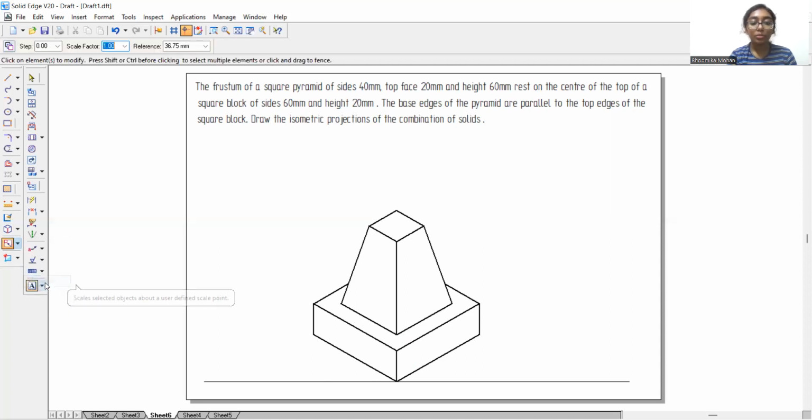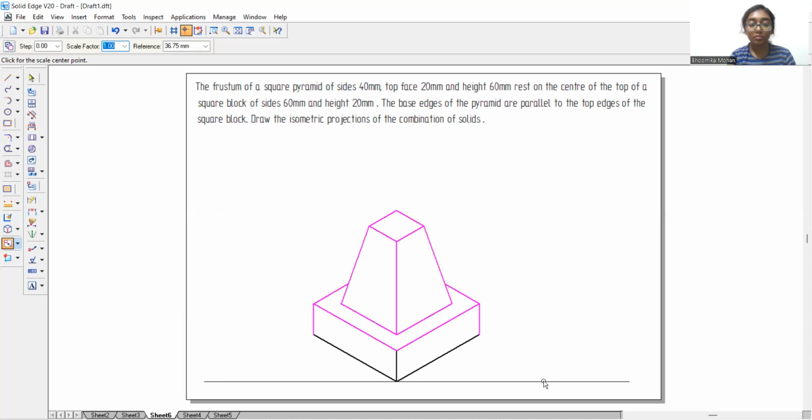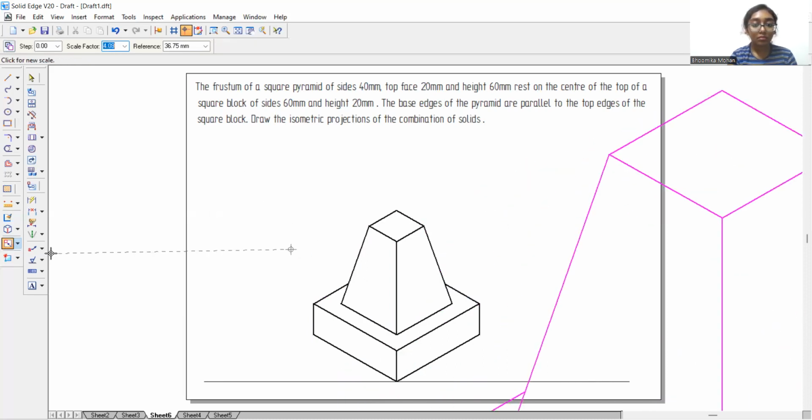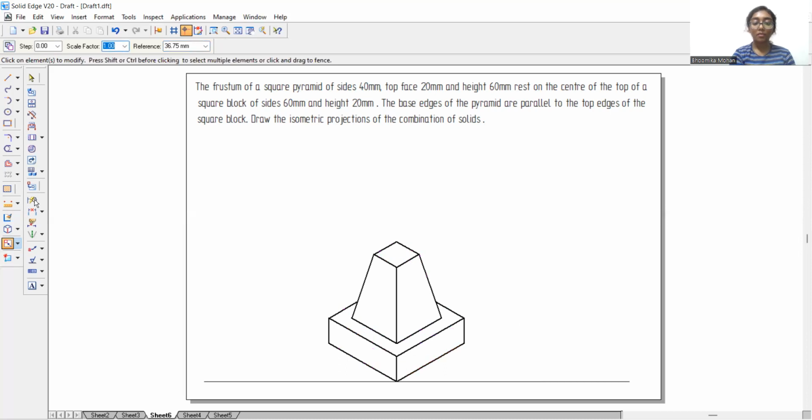Taking the scale tool and selecting the entire problem, and taking the measurement as 0.816, we get the required scale.